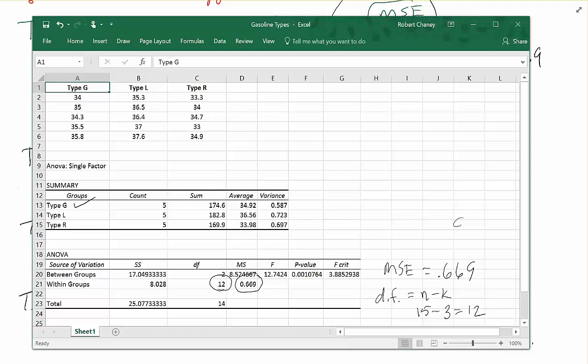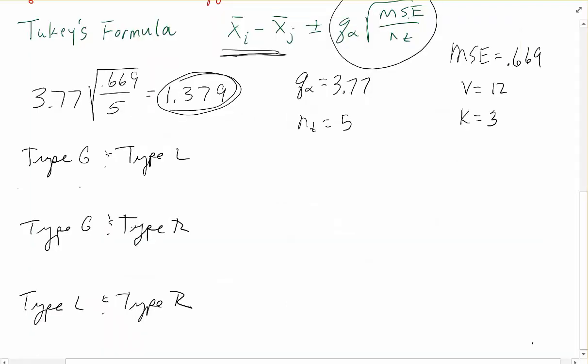For type G, we have a sample average of 34.92 miles per gallon. For type L, we have 36.56 miles per gallon. And for type R, 33.98 miles per gallon.